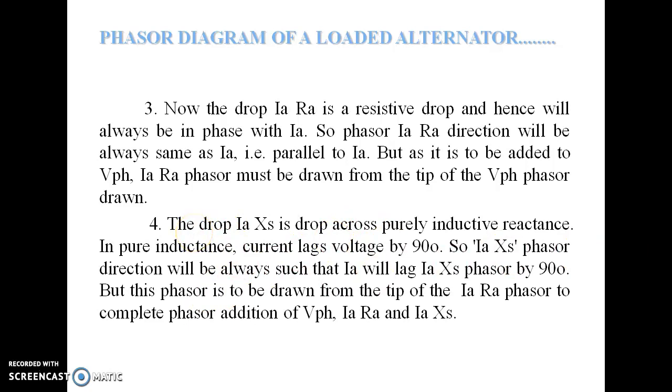Lastly, the drop IAXS is a drop across purely inductive reactance. In pure inductance, current lags voltage by 90 degrees. So, the IAXS phasor direction will always be such that IA will lag the IAXS phasor by 90 degrees. Remember, this phasor is to be drawn from the tip of the IARA phasor to complete the phasor addition of VPH, IARA and IAXS.